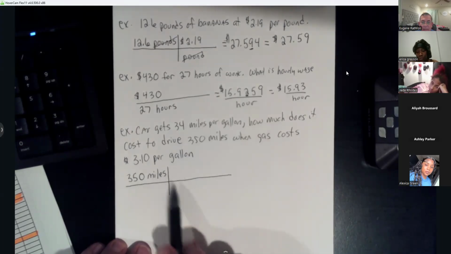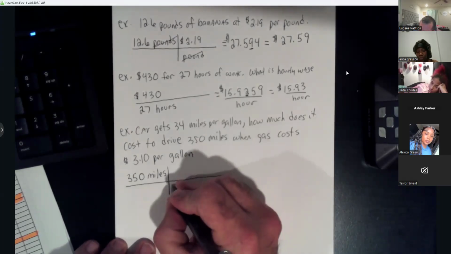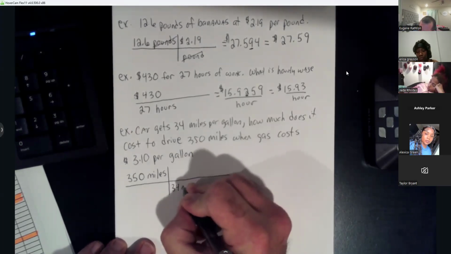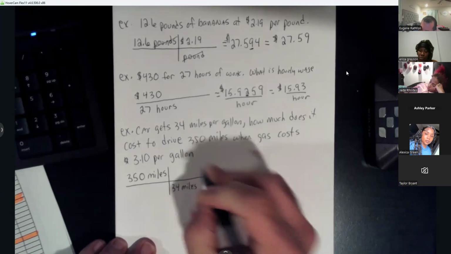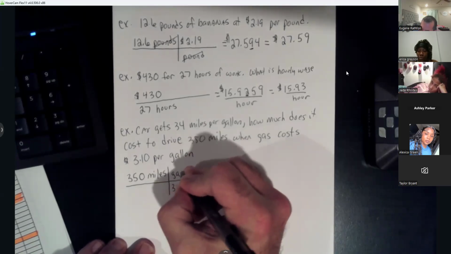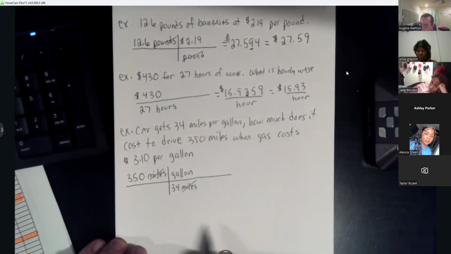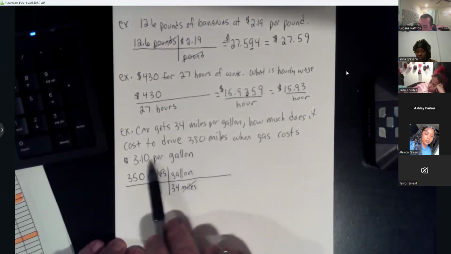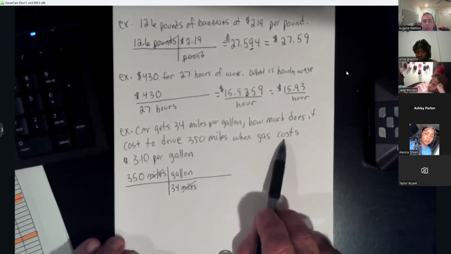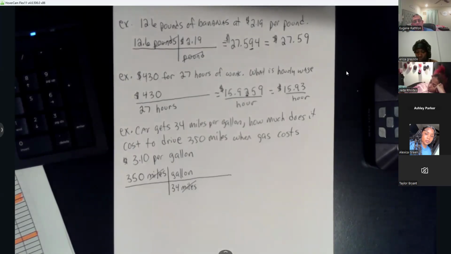Now remember, I need to cancel the miles. So I'm going to come down here and do 34 miles per gallon. So the miles are going to cancel. Because I'm looking for how much it's going to cost, I'm expecting my units to end up as money only.